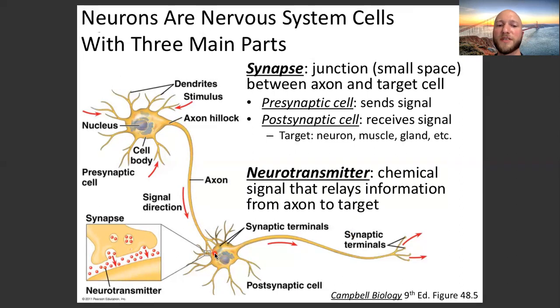That electrical signal at the synapse is going to get turned into a chemical signal via neurotransmitters. Neurotransmitters are going to get released from the synapse, and it's going to carry that signal to the next cell over, the postsynaptic cell. And then in this case, that postsynaptic cell turns that signal back into an electrical signal, sends it down the axon.